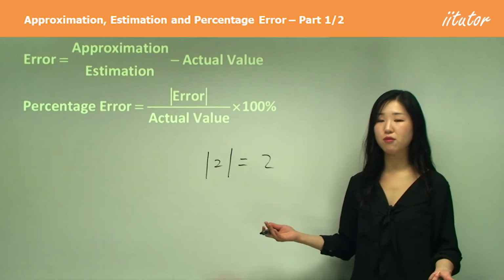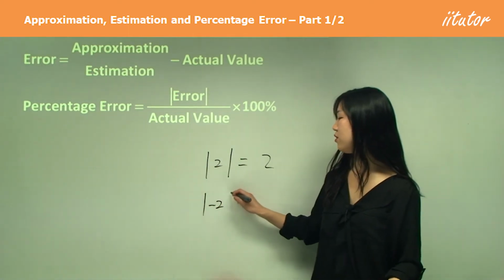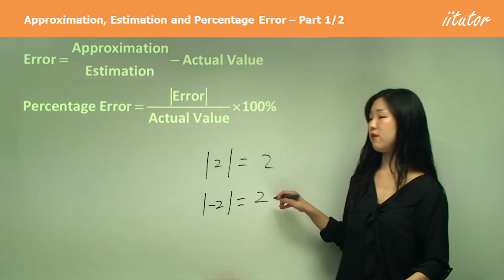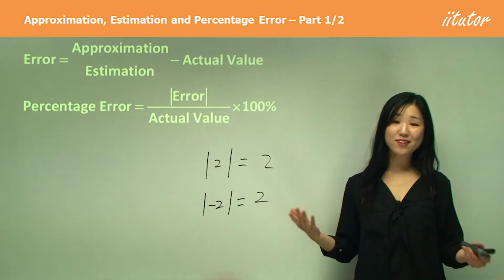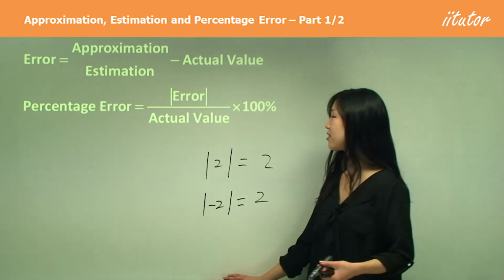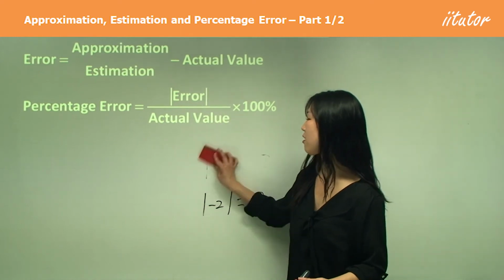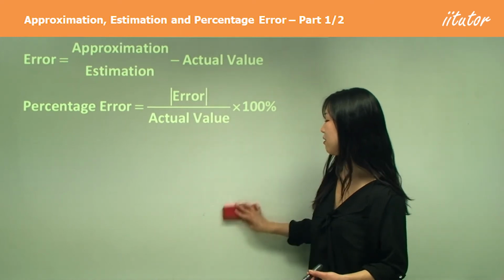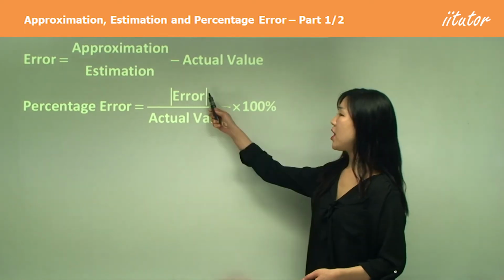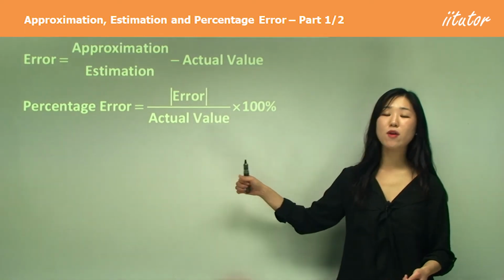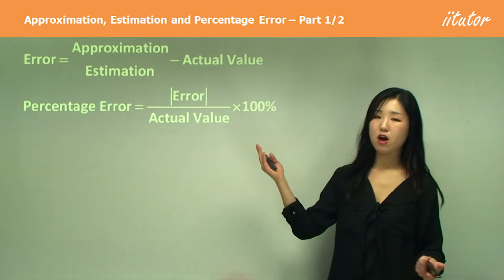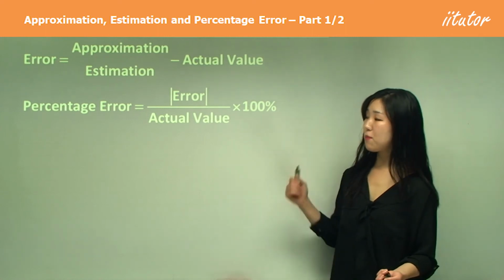But if you have say -2 inside the absolute bars, it will just turn to a positive number. So absolute bars magically change negative numbers into positive numbers. Just remember that. I put that around because errors, as I said, can be negative, so I'm putting absolute bars just to make sure it's positive. We put that over the actual value. Make sure you always put it over the original value. And then you just multiply by 100 to get the percentage. So that's the percentage error.